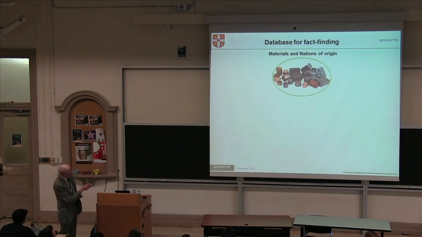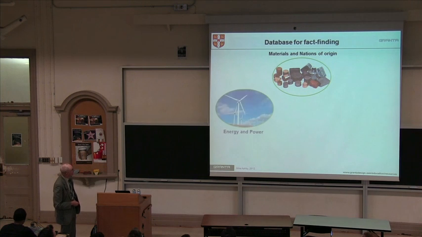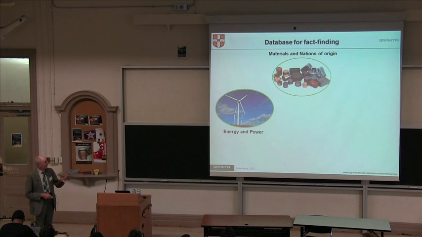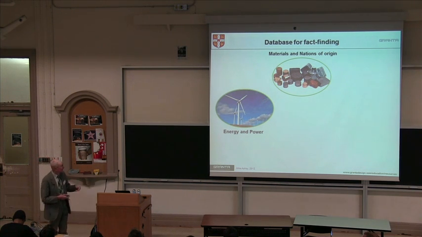It's got in it a materials database. Well, that's in the system already, you've seen that. It's got a database of energy and another one of power systems, so a database about wind power and solar power and so on, and things like the carbon footprint of solar power and of nuclear power and of gas-fired power and coal-fired power stations and that sort of thing.